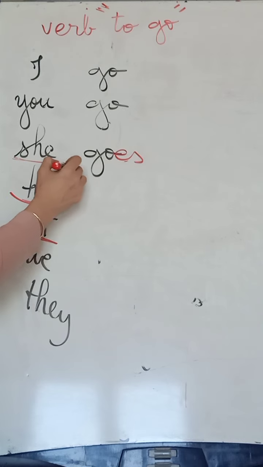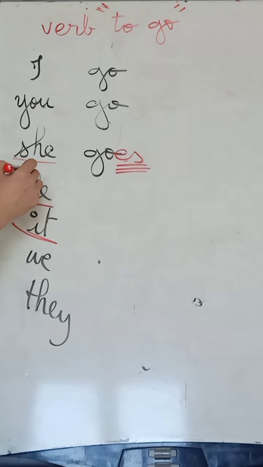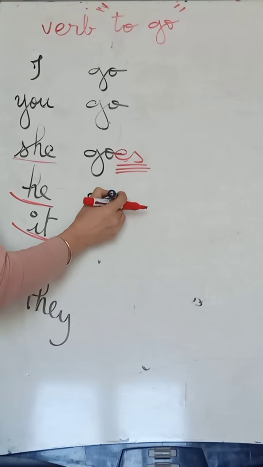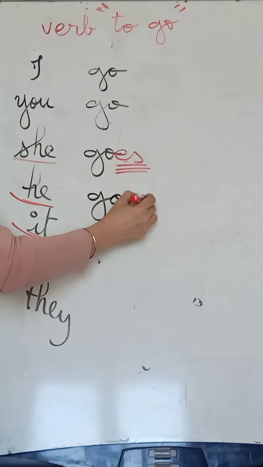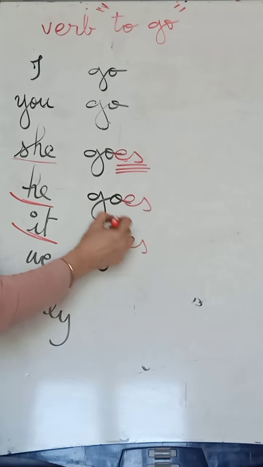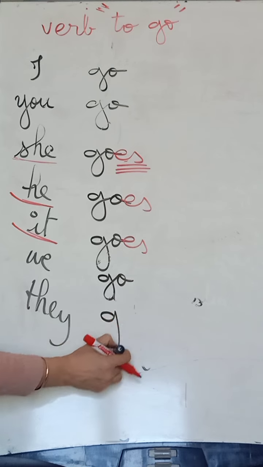And it becomes goes. This is the rule. On ne peut pas ajouter que le S, sinon il dit goes. Impossible. He goes. It goes. We go. And they go.